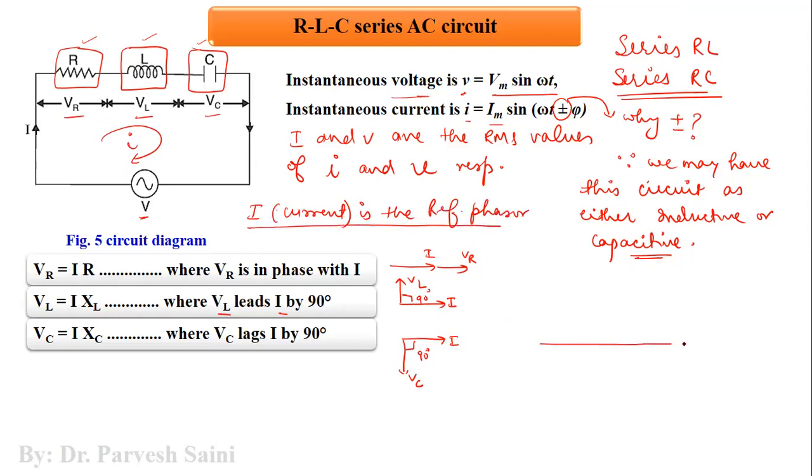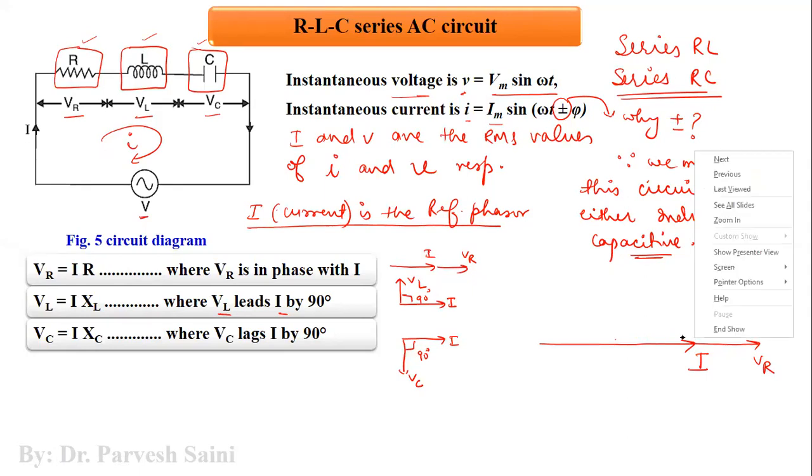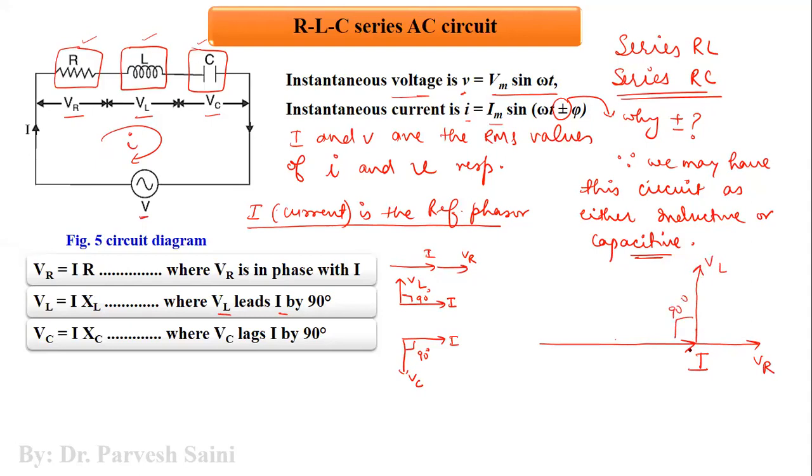Now, if we have to draw the phasor diagram of this one, how will we draw? We will take current as the reference phasor, right? We know that we have current and voltage VR which are in the same phase. Now, the voltage VL leads the current by 90 degrees, and then we have the voltage VC which lags the current by 90 degrees.